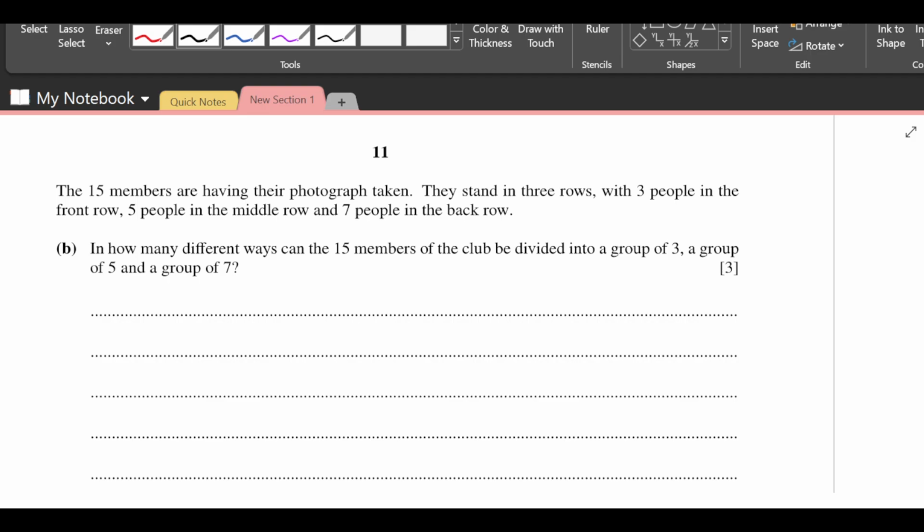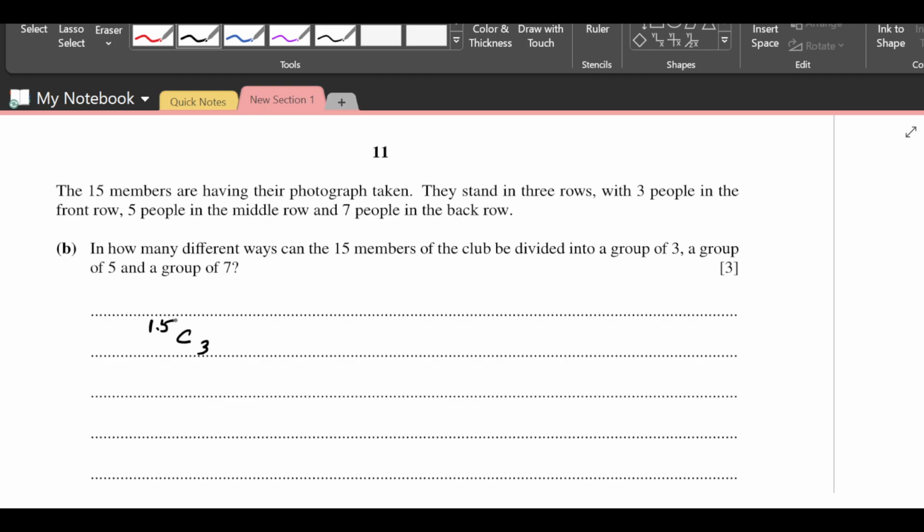So we have to understand in how many different ways the 15 members of the club can be divided into a group of 3. So out of total 15 members, how many groups of 3 are possible? It is 15C3.